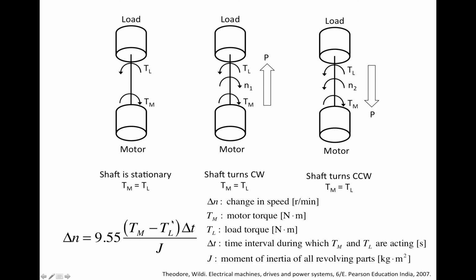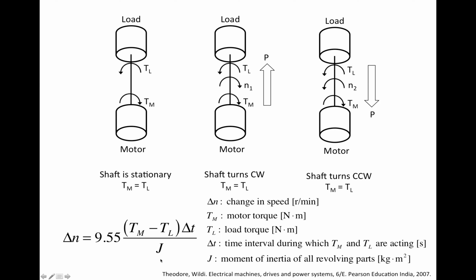And this rate of change in speed, rotational speed, is proportional to the net torque, and the net torque is motor torque subtract load torque, and it is inversely proportional to the moment of inertia of all revolving components. For simple geometries, this moment of inertia can be computed from simple formulas.